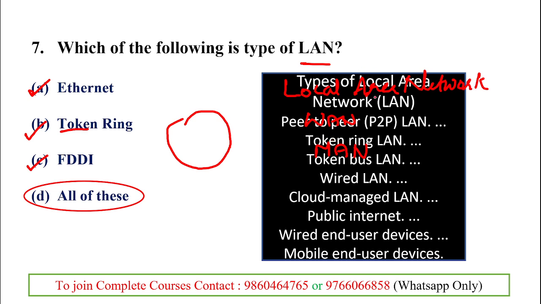You can see the types of local area network: peer-to-peer LAN, token ring LAN, token bus LAN, wired LAN, cloud manager LAN, public internet, wired end user services, mobile end user services, devices. So these are the other common types of local area network. Please study one or more examples of LAN. That's useful for your exam. Clear?